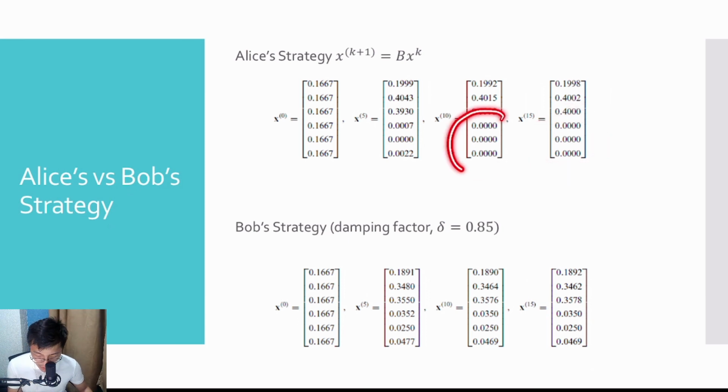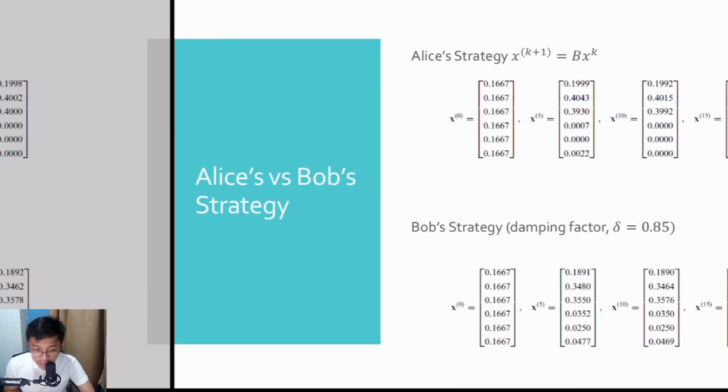That is why the elements of these vectors are 0. But for Bob, even if it's really small, there is a probability that you can go from page 1, 2, 3 to either page 4, 5, or 6. So that is the difference between Bob's strategy and Alice's.